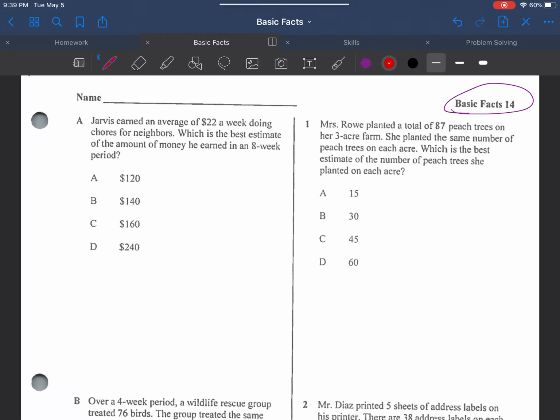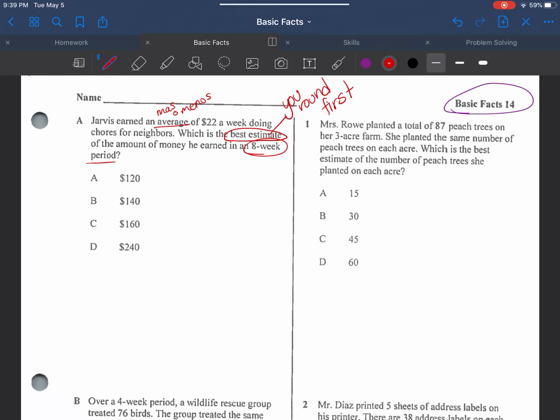A says, sorry. What happened to my paper? Oh, there you go. Jarvis earned an average of $22. Average means más o menos. Of $22 a week doing chores for neighbors, which is the best estimate.